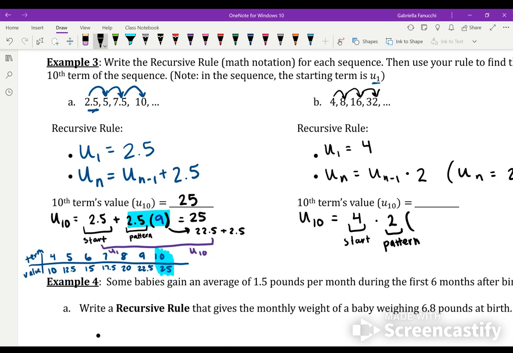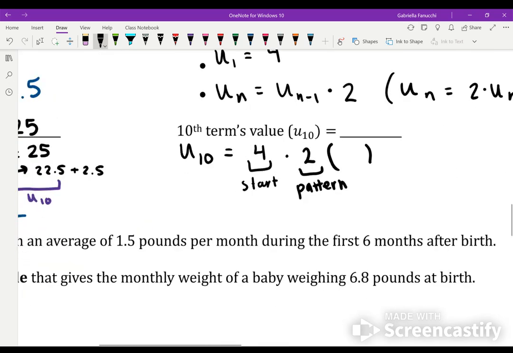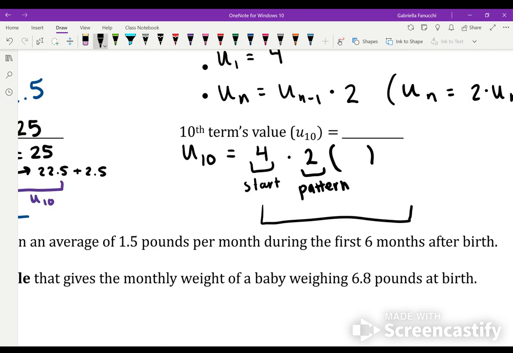In parentheses, how many times am I multiplying 2? Again, we're at u sub 1, and we want to get to u 10. So how many times am I going to do that? I'm going to do that 9 times.